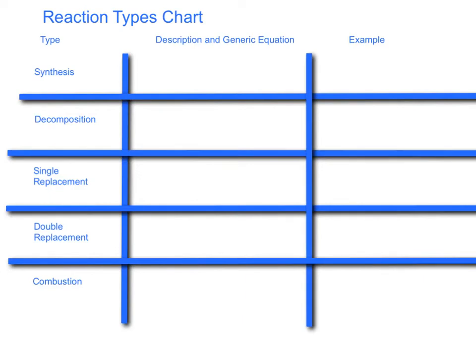And what we're going to do is deal with each one of these: synthesis, decomposition, single replacement, double replacement, and combustion as a separate slide. And then as we put that slide up, you can copy the information onto your chart. So what we would recommend you do right now is pause the video and copy that chart into your note sheet. All right, let's start with these then.